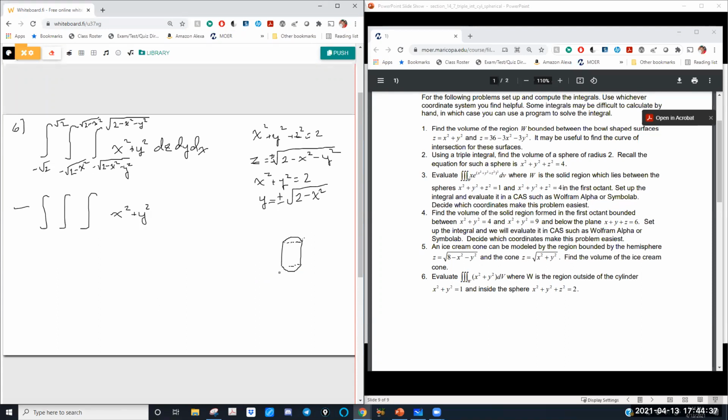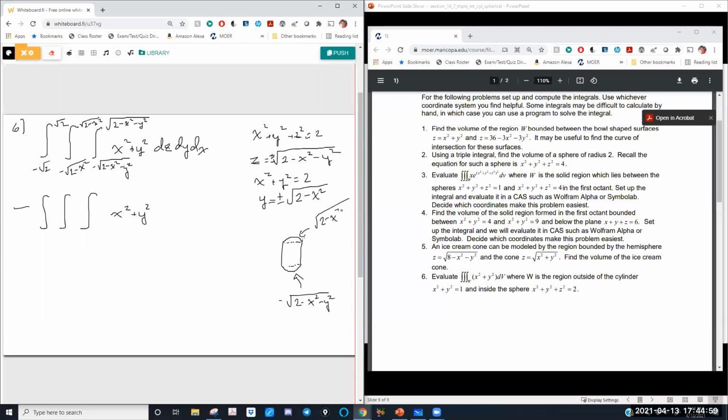Now, here's what's kind of nice. Notice that this is the bottom of the sphere, and this is the top of the sphere. So our inside limits actually end up being the exact same inside limits as here, because that's the bottom of our sphere. That's negative square root of 2 minus x squared minus y squared. And that's the positive part of it.